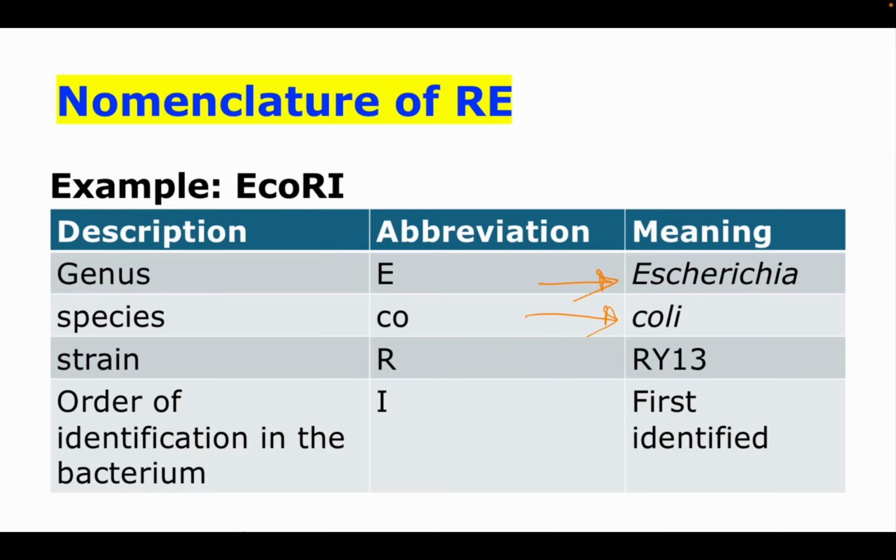And from all the RY13 strain bacteria, what is the order of identification? So this is the first restriction enzyme identified in E. coli RY13 strain. I hope that you understand everything, class.